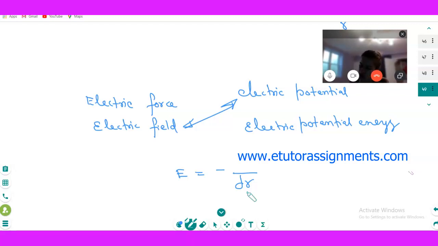In this book there is the electric dipole. Electric dipole is nothing but a positive and negative charge pair, that I will discuss. No problem.